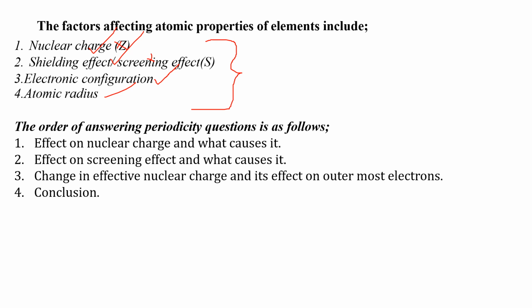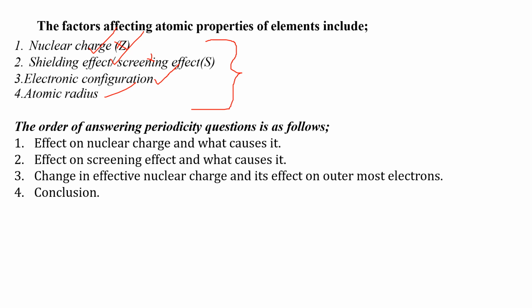So the order of answering periodicity questions is as follows. Number 1, we talk about the effect of nuclear charge and what causes it. Like if you're talking about increase in nuclear charge, what will cause the increase in nuclear charge? So you find that nuclear charge will increase due to additional or increase in the number of protons in the nucleus of the atom or the ion, depending on what you are explaining.